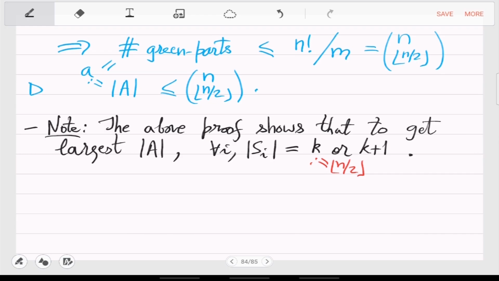If n is even, there is just one. Yeah, this needs a change, I guess. Sorry? Yeah, so there is a problem in the way I've written it, right?